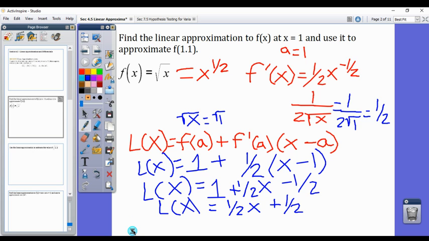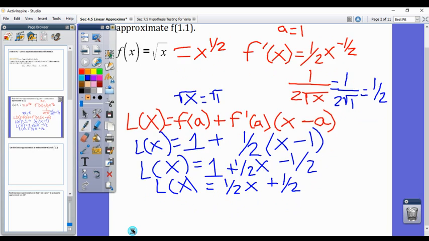And if I wanted to make this just look a little bit nicer, I could factor out a 1/2 since both of those terms have that, which would leave me with 1/2 times the quantity x plus 1. Okay. So that's the linear approximation to the square root of x.